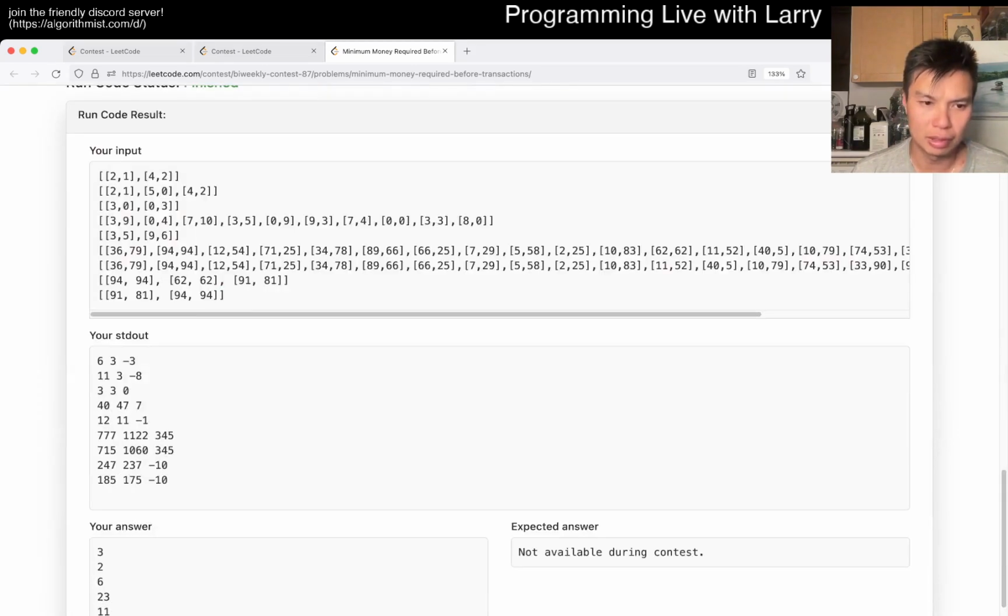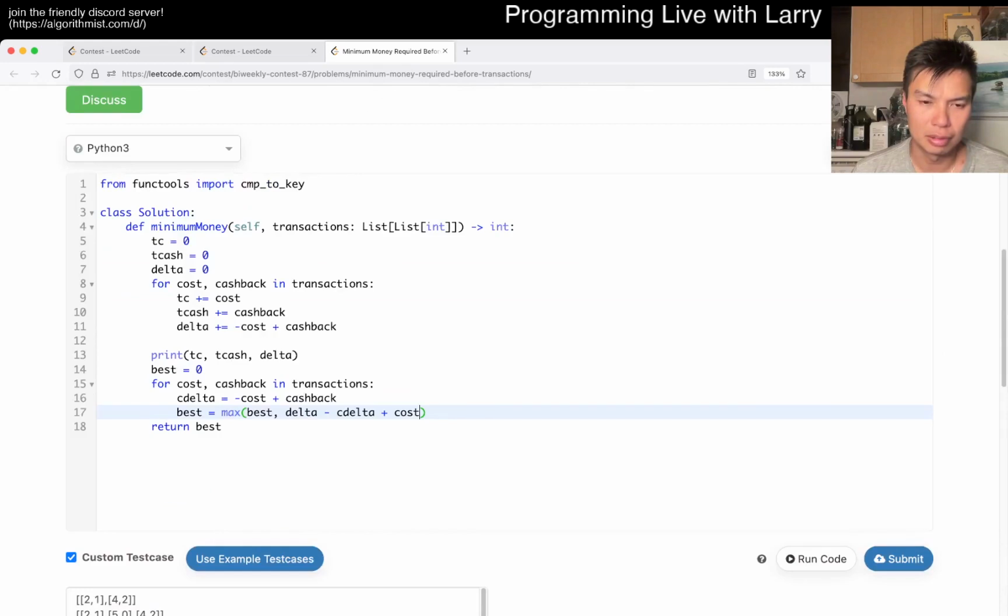And I get 3. Maybe my signs are wrong. We have -3. Yeah, maybe something like this. Maybe delta is always negative. Well, that's not true.